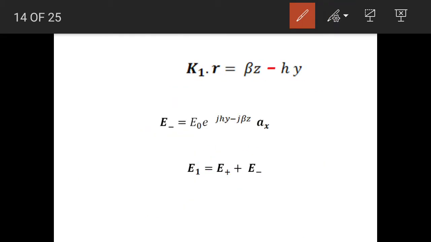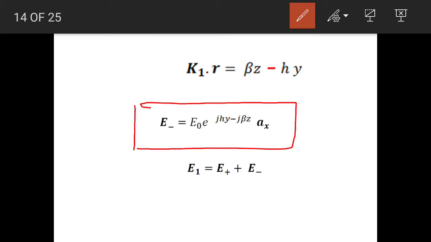If we put the value of k1 dot r in this particular equation, we get the electric field intensity of the light ray which is moving in the downward direction, and this is equal to E naught into e raised to power jhy minus j beta z into ax.